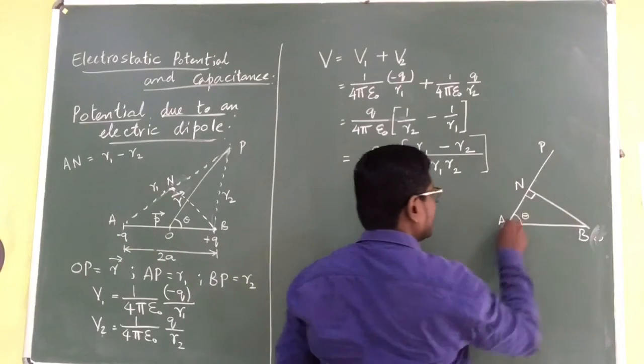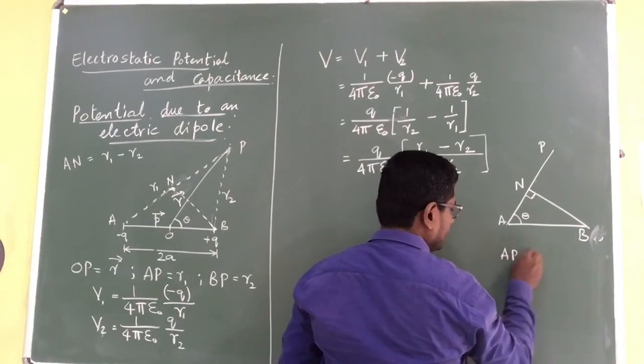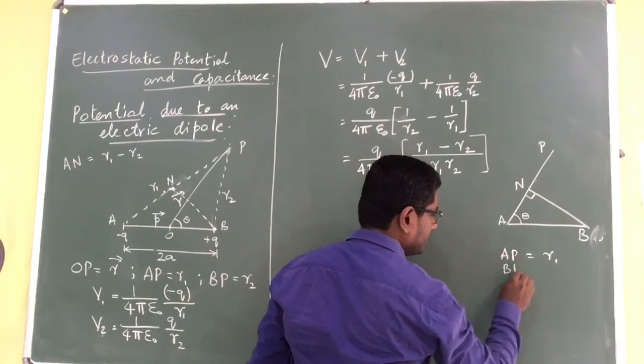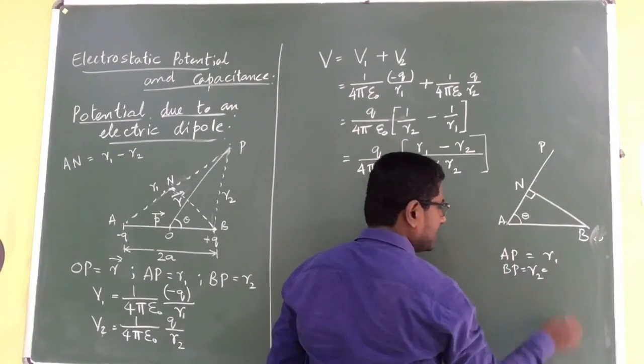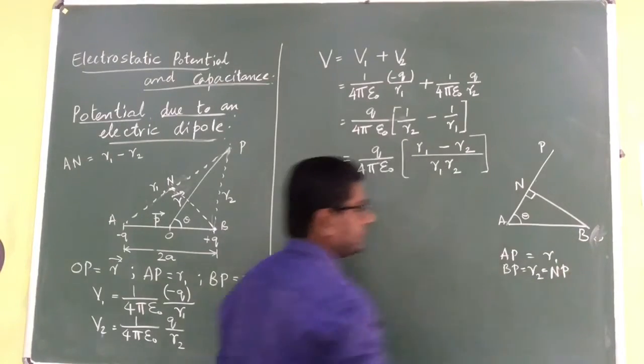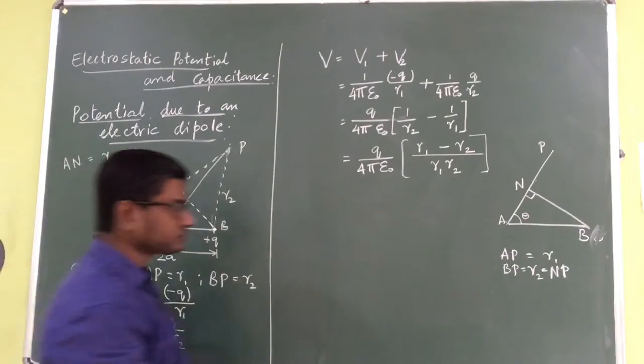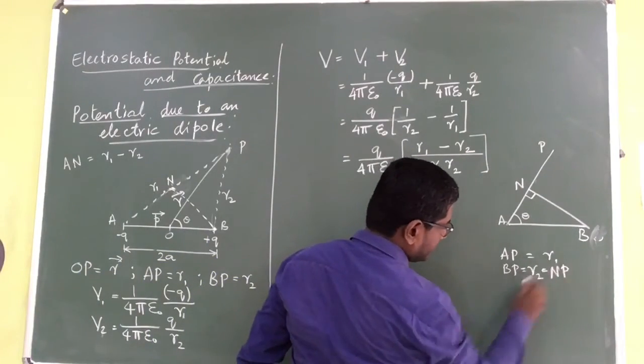So the total distance AP is equal to R1. The distance BP is equal to R2, and the same distance will be equal to NP. N to P will be the same as B to P. Now, what is the conclusion?